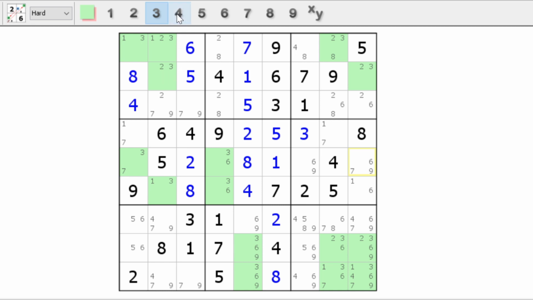Nothing there. Here we go. Missed that. Let's go back here. So now we have a 5, 6, 5, 6. And so what we know is we can actually eliminate the 6 from here as well.